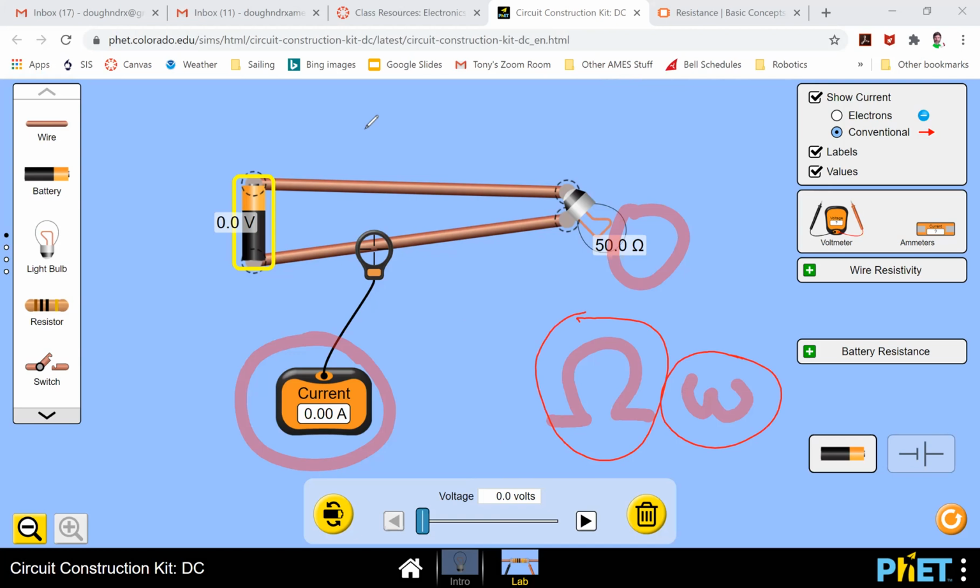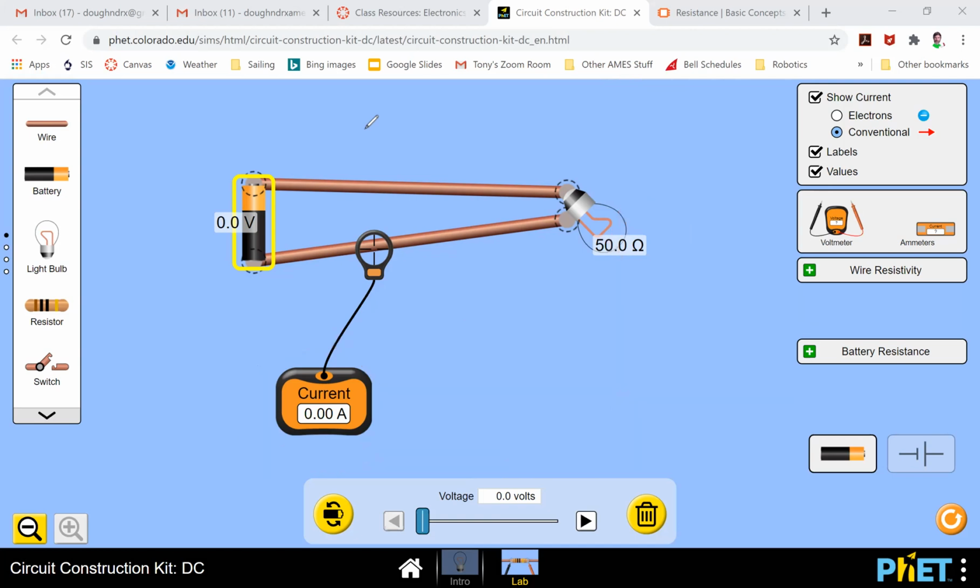All right, so in your homework tonight, I'm going to ask you to build various circuits. What I might do is give you some mystery light bulb where I make it so that the value of the light bulb is hidden. Let's say I've got that thing totally blacked out.